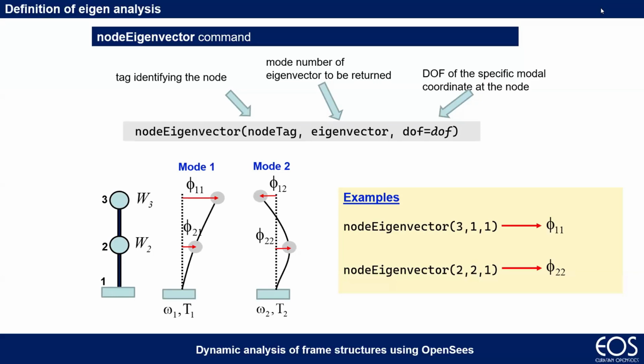Same for this eigenvector here, for example, it's just nodeEigenvector node 2, eigenvector 2, degree of freedom 1, direction X. Questions? Is it clear?